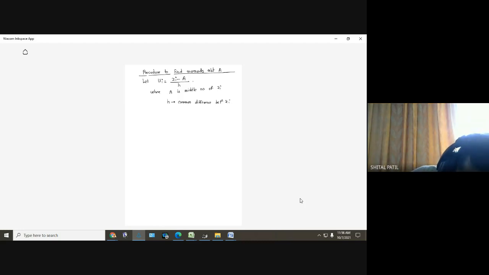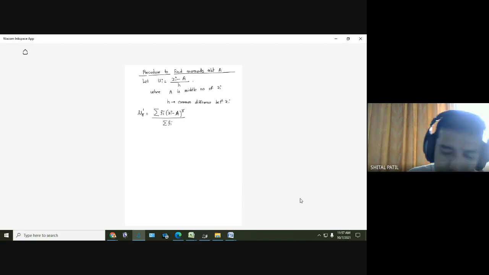Okay, now see what will happen with this formula. So mu r dash, how it will become? See, the formula is like this: summation of fi xi minus a raised to r divided by summation of fi. Now from ui, if we try to find xi minus a, what is it? h ui, so let me substitute that.